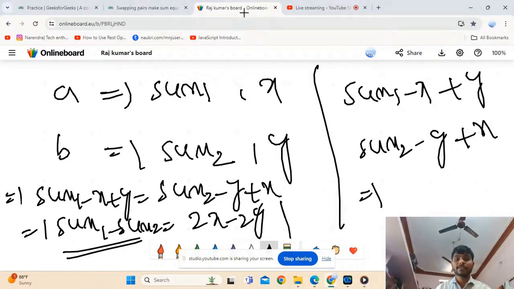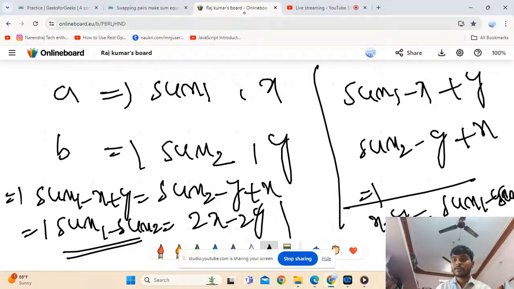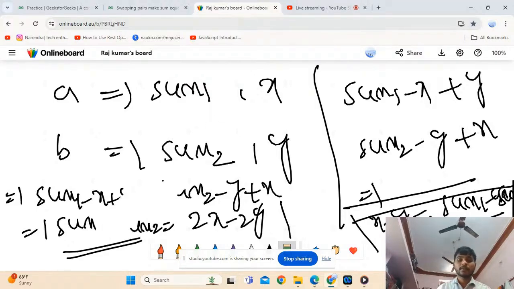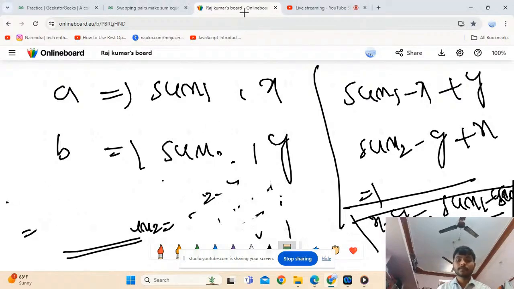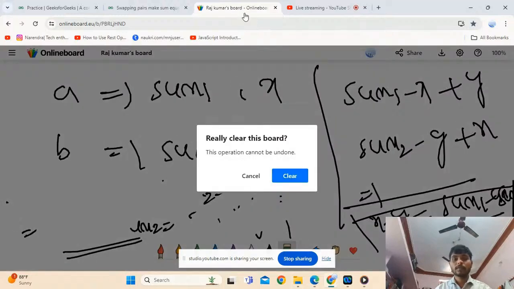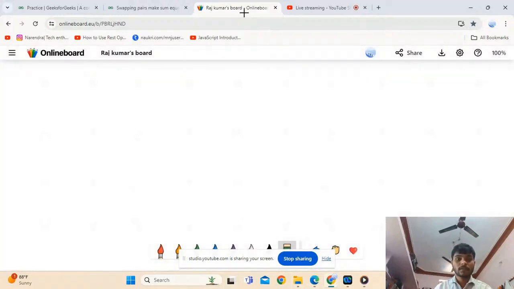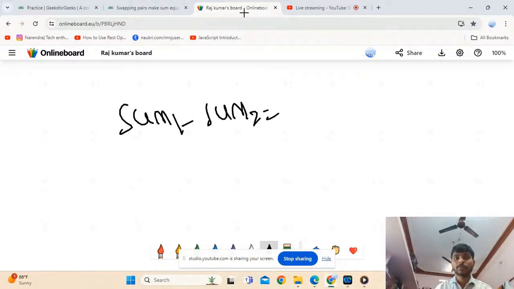So x minus y is equal to (sum1 minus sum2) by 2. Our final equation is (sum1 minus sum2) by 2 is equal to x minus y.